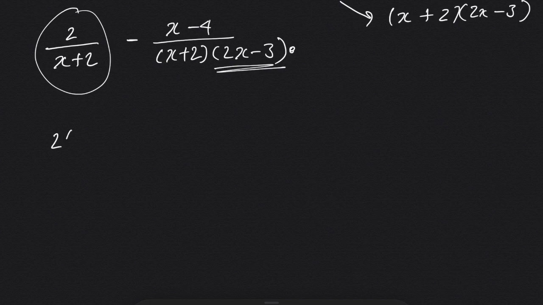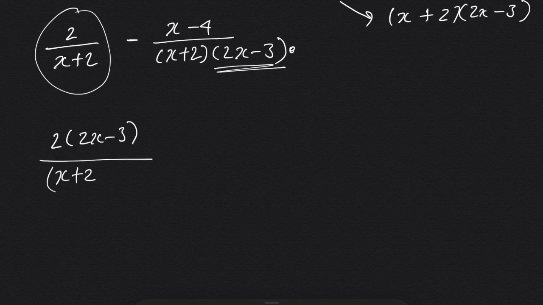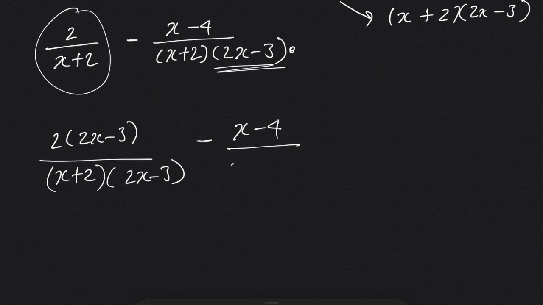So we could say 2x multiplied by 2x minus 3 all over x plus 2 times 2x minus 3 minus x minus 4 all over x plus 2 times 2x minus 3.